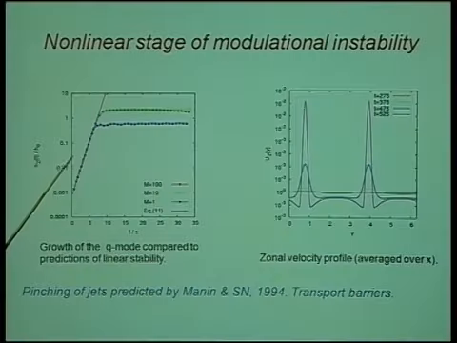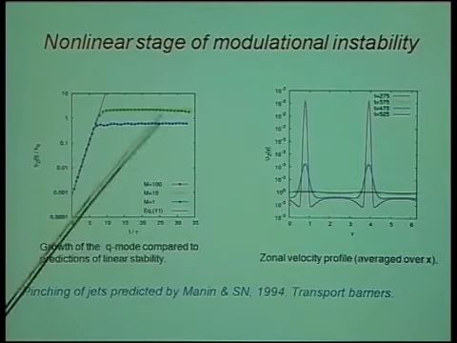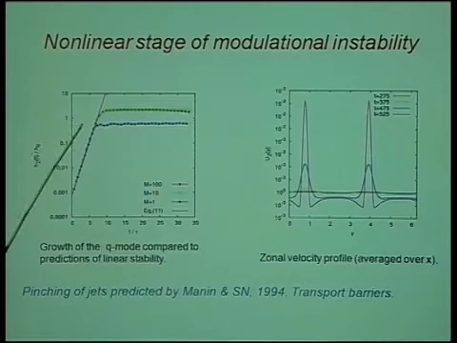So if nonlinearity is big enough, what happens? This is now numerics, and that was done by Brandequin. The wave grows, and then at some point it experiences saturation of the zonal velocity, that is what is plotted here.